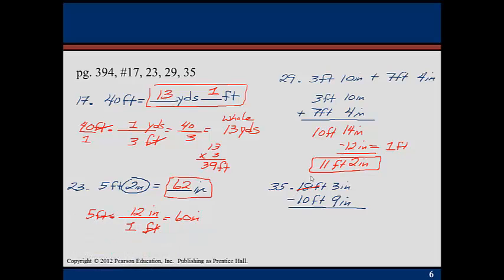If we borrow from it, we're going to take away 1 whole foot, which makes this 17 feet. However, we're going to do more than just add 1 to 3. Remember, there are 12 inches in a foot, so I'm going to add 12 instead. So 12 plus 3 makes this 15 inches. Now we have 15 minus 9, which is 6, and then 17 minus 10, which is 7. So we get 7 feet, 6 inches.